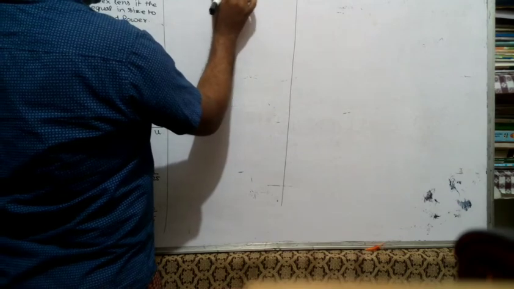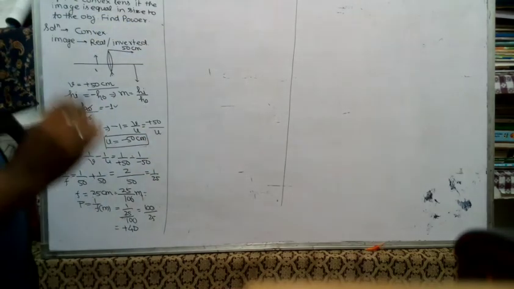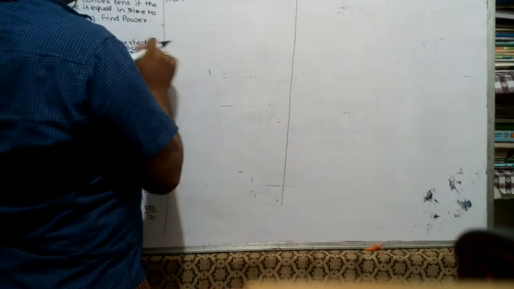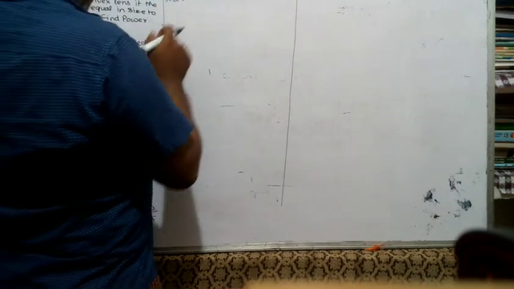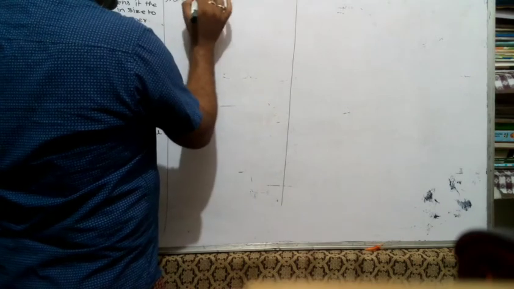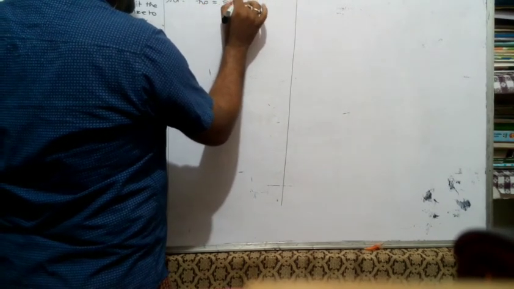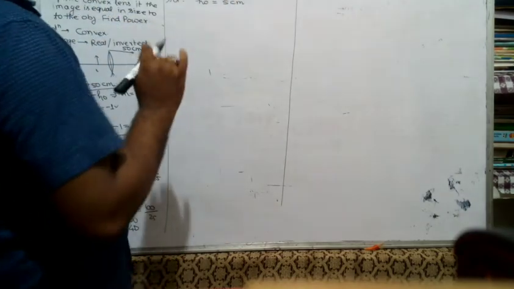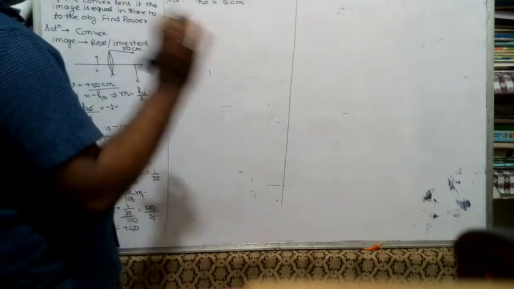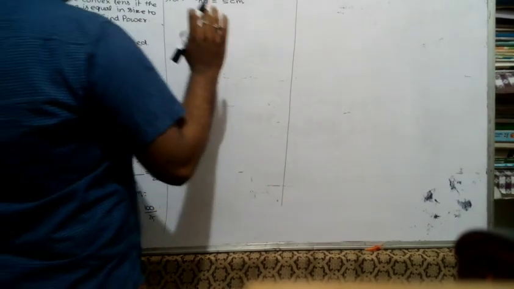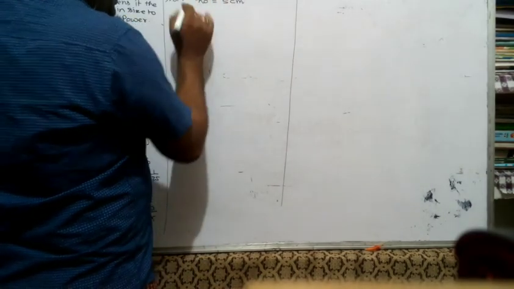This is the question. An object 5 centimeter in length. What is it given? An object 5 centimeter in length. It means height of the object is 5 centimeter. Is held 25 centimeter away from a converging lens.